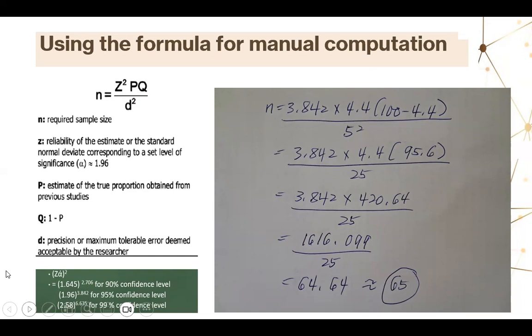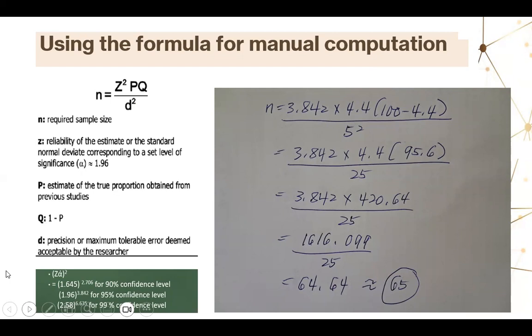And here in the green box, you see pre-computed for 90% confidence level, for 95% confidence level, and 99% confidence level, the respective values of the computed z squared, so you don't have to do it again and again. And then p is the estimate of the true proportion obtained from previous studies, like I said earlier. And then q is the value 1 minus p, or 100 minus p.